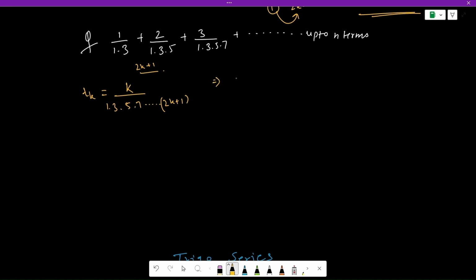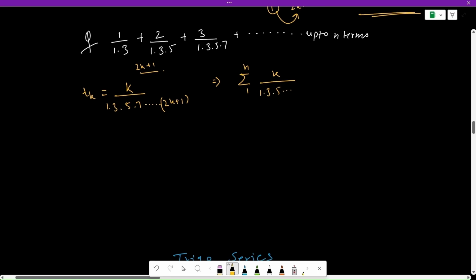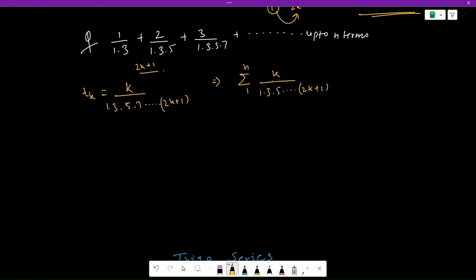So let's write it. This is summation 1 to n of k divided by 1, 3, 5, and so on till 2k plus 1. Now you have to break k in such a way that after breaking they become consecutive terms. So you can break k in such a way that in one term you cancel this out and in the other this remains.